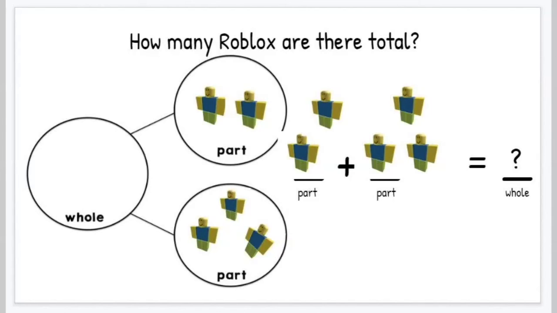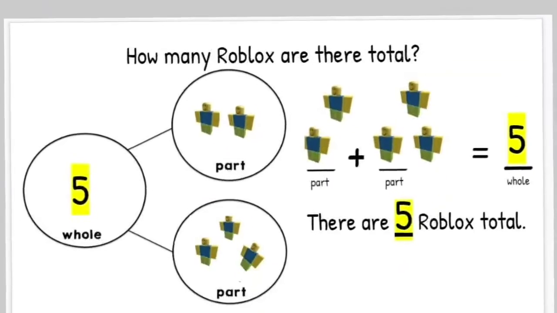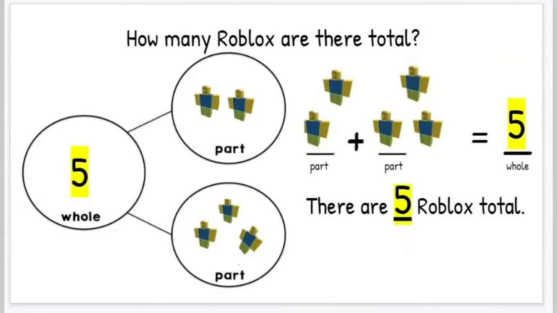Look at the number bond that we use to organize our thinking and look at the number sentence that we use to organize our thinking. 2 Roblox plus 3 Roblox. How much does that equal total? Pause and press play when you're ready. Did you find 5? There are 5 Roblox total.